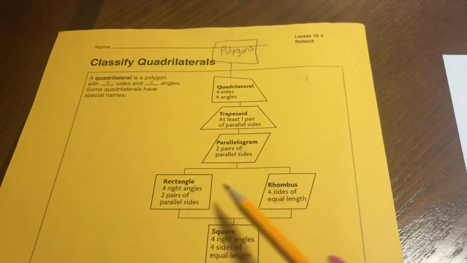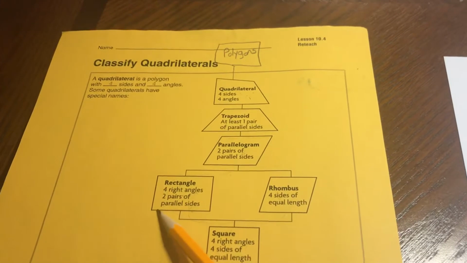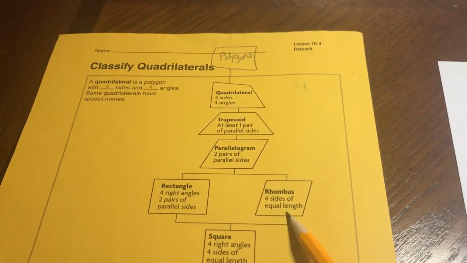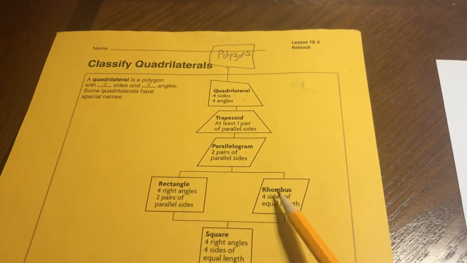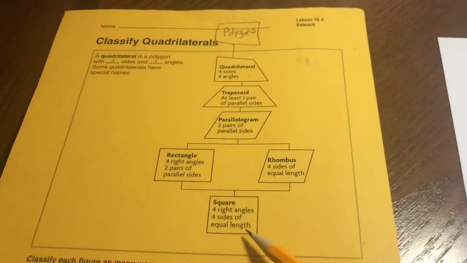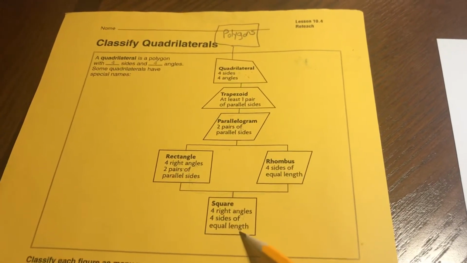Parallelogram. Then from here you have a split. You have the rectangle, and that has 4 right angles, but a rhombus doesn't have the 4 right angles. Okay, and also a rhombus has all 4 sides equal in length. And then of course the very specific one, with all these qualifiers, is the square.